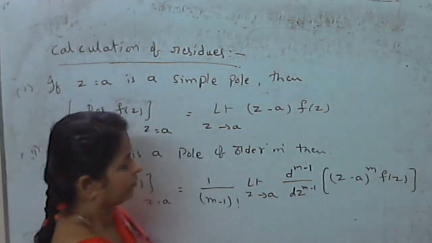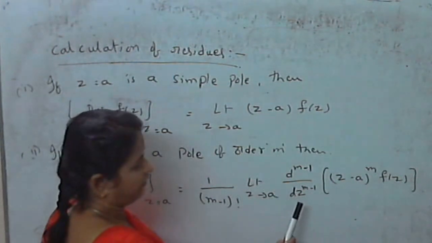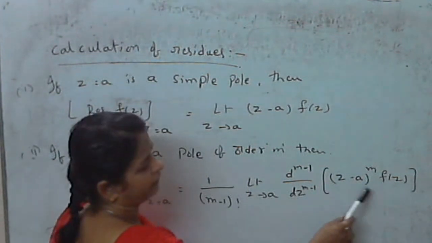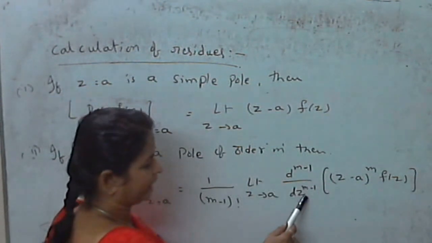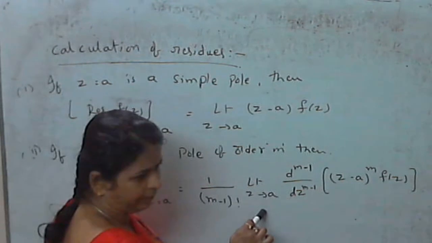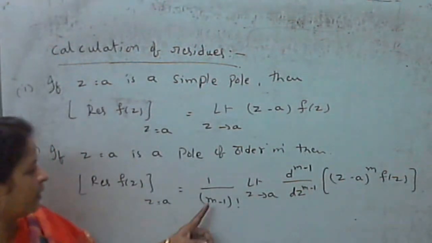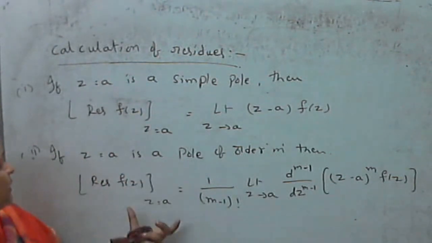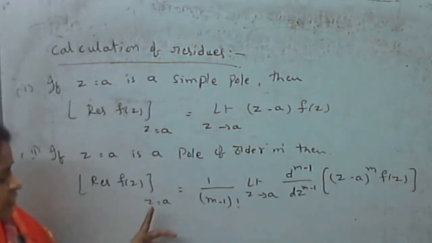That means you have to differentiate the product (z minus a)^m into f(z), m minus 1 times, then take the limit and multiply with 1 by (m minus 1) factorial. So these are the methods for calculating the residues.